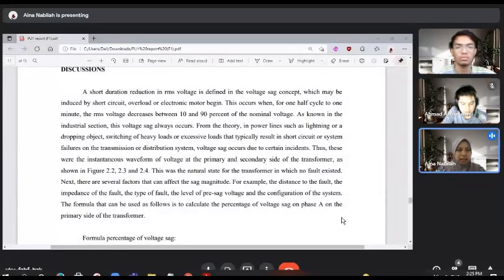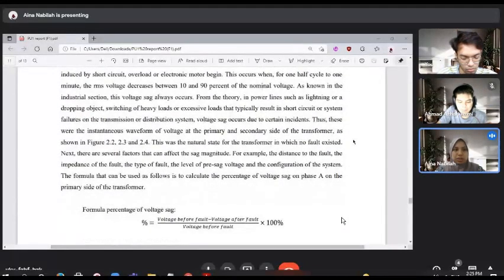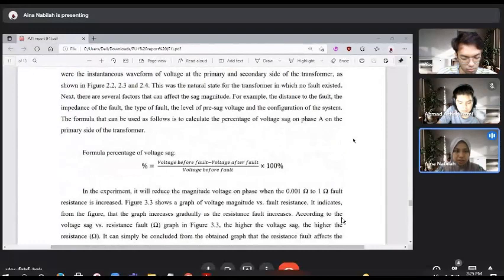So the formula that can be used in the calculation, the percentage of voltage sag on phase A on the primary side of the transformer. This is the formula, which is voltage before fault minus voltage after fault, divided by voltage before fault, times 100%.